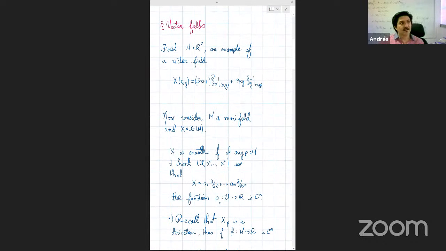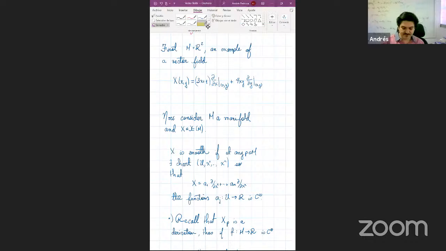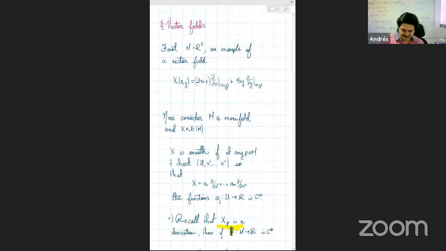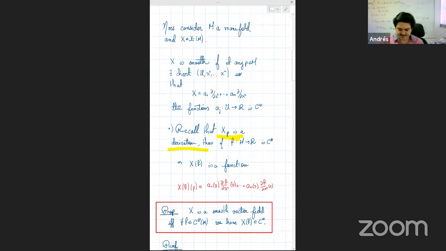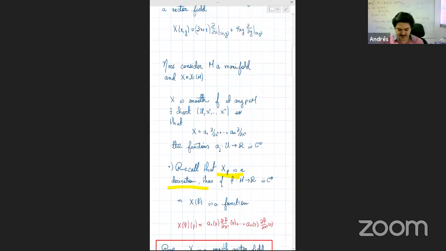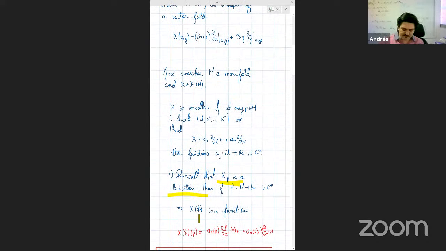Now, also, if we fix a point, remember that we have what we call the derivation. At every point, we have a derivation. And moreover, when we plug in a function, what we get is another function.